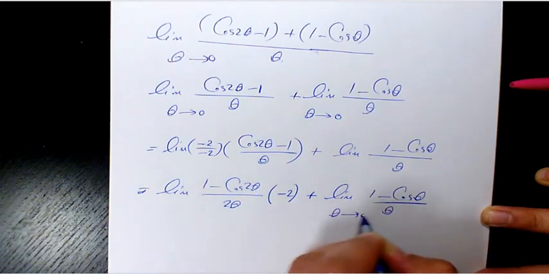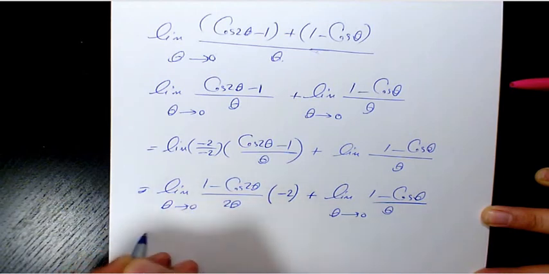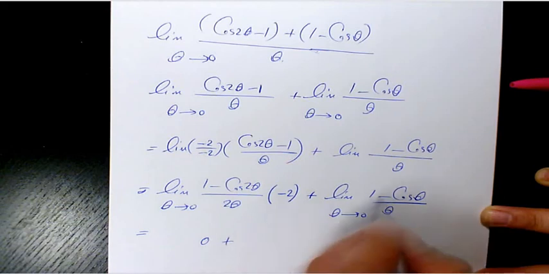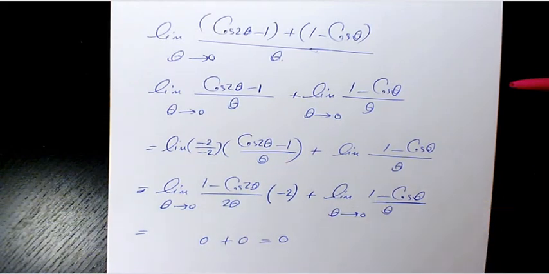So this one is going to be -2 times 0, which is 0, and this is going to be 0. 0 plus 0 is going to be 0.